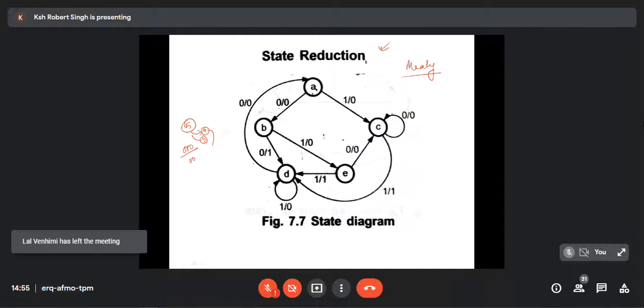If I have 4 states, I can assign each state just 2 bits instead of 3 bits. So state reduction is also important: if there is some provision for reduction of the states, then you have to do it. That will simplify your problem.